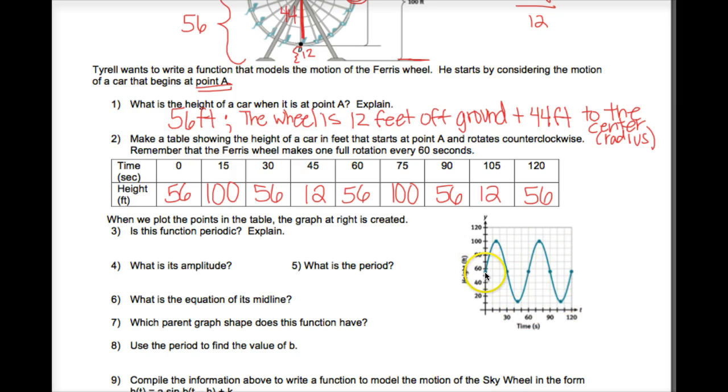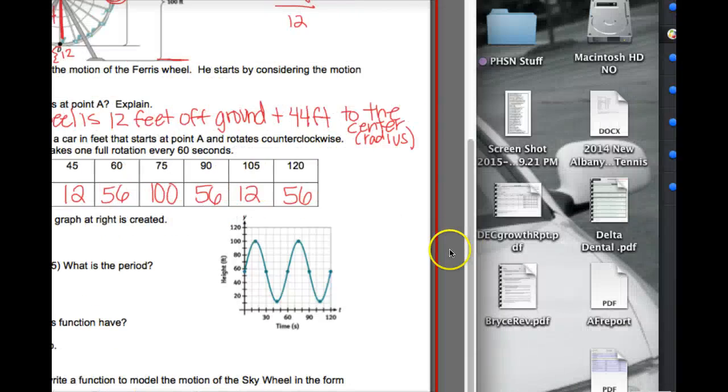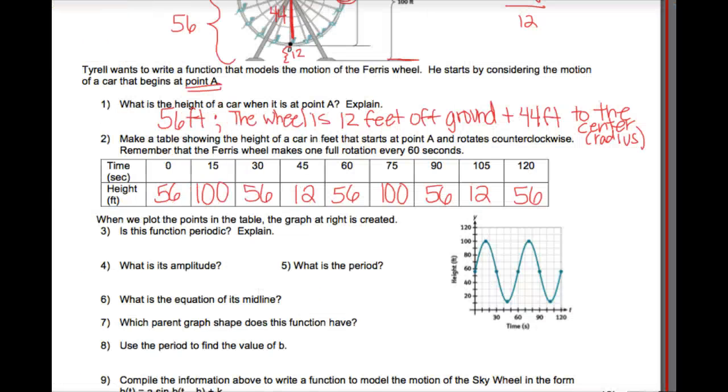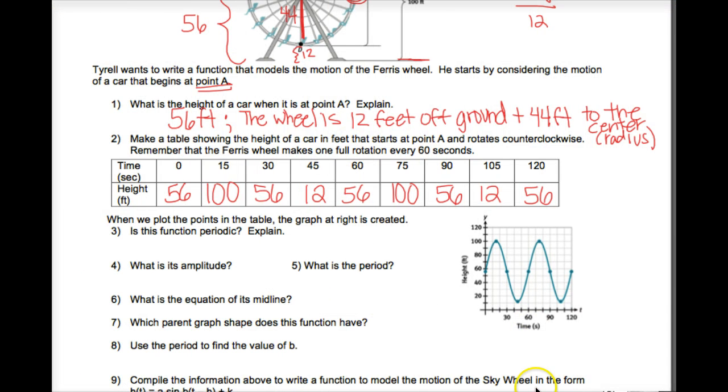You can see that each of those dots represents one of those points in the table, and that we've created a graph from that. So question number 3, is this function periodic, and explain. So again, go ahead and take a minute to answer that question and explain your answer.